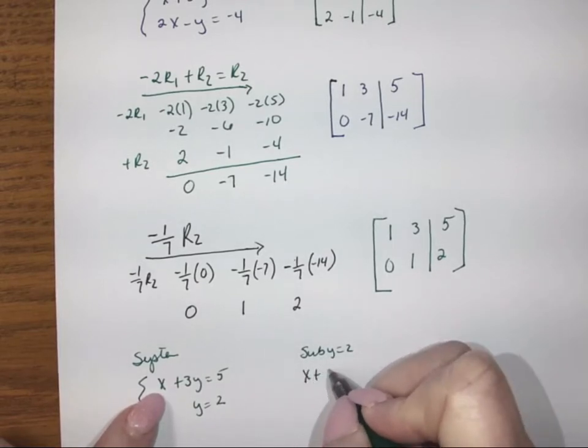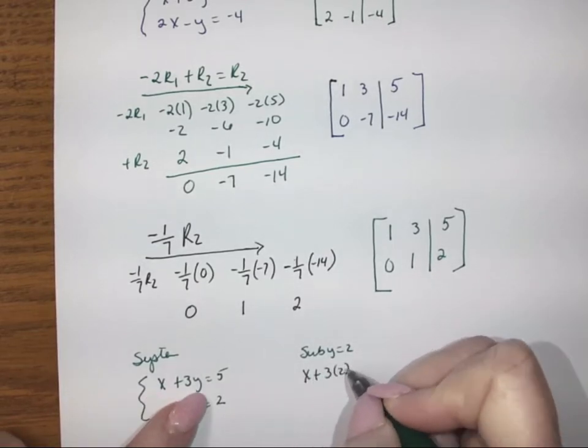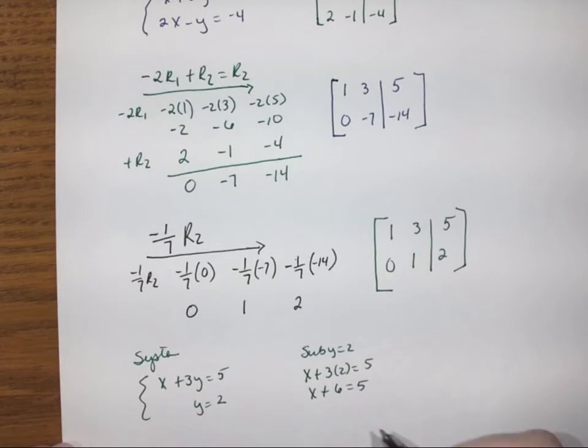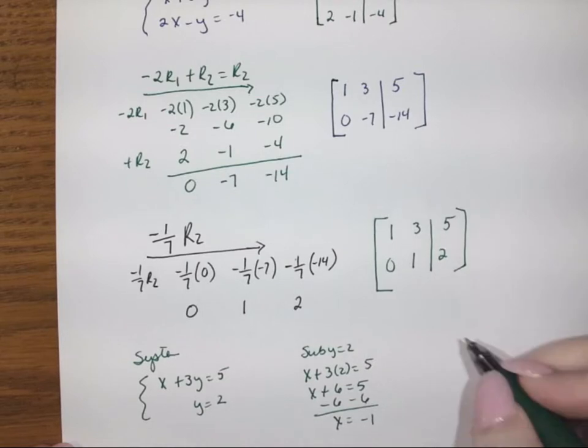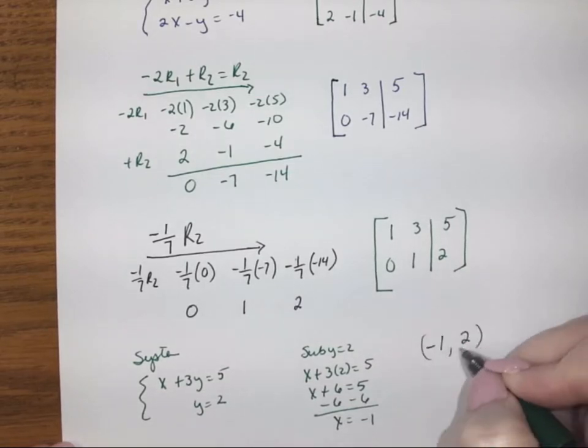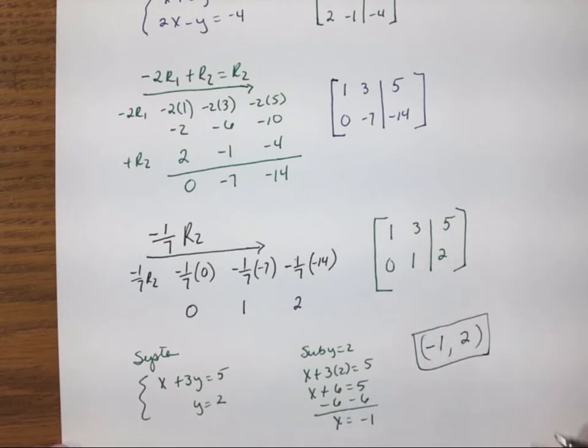We will have x plus 3 times 2 equals 5. So x plus 6 equals 5. Subtract our 6 over, and we end up with x is equal to -1. So we have -1 for our x, 2 for our y. It's an ordered pair, and you can check this by plugging it back into the original system.